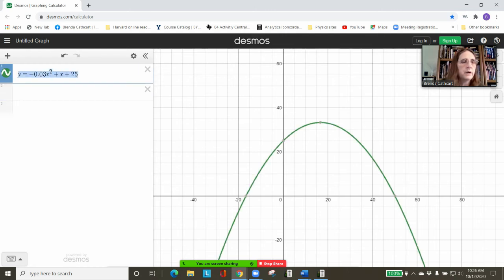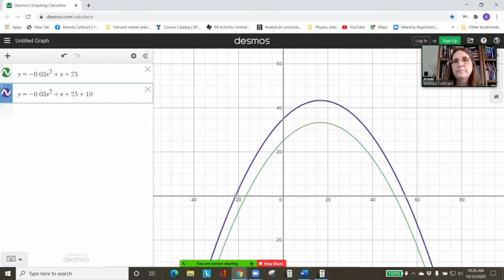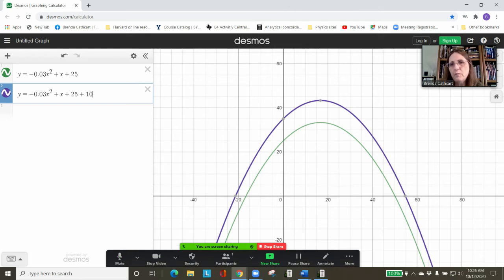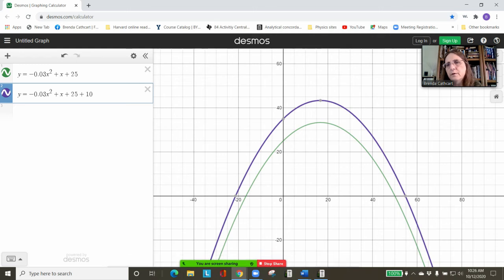Let's take our equation and copy it, and let's move it up 10 feet. Okay? And when we did that, we moved everything up 10. Notice that we now are at a point here. Okay?